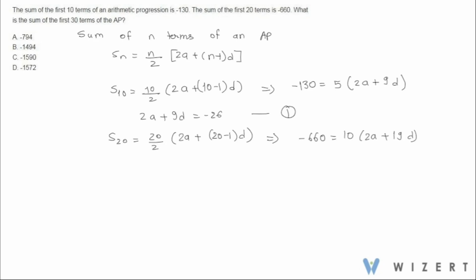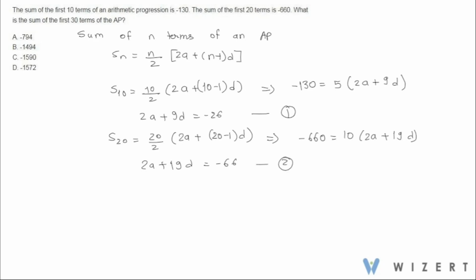If we take 10 to the left hand side, we get minus 66, so 2a plus 19d equal to minus 66. Let's call it equation 2.